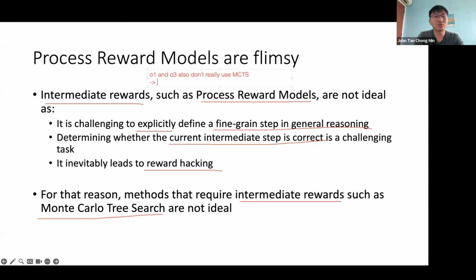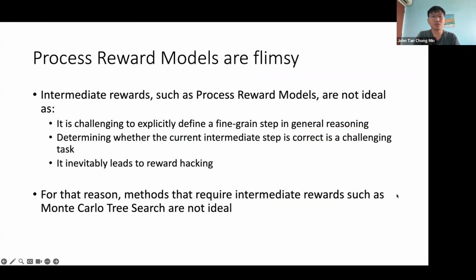I'm not sure whether they use a process reward model. Maybe they use a reward model only for the end trajectory, not intermediate. If they use a reward model, it must be for certain situations only, because most of the benchmarks they use are objective. You don't really need to train a reward model for that. You just look at the answer and see whether the trajectory might be correct or not. Okay, so that's all for process reward models.